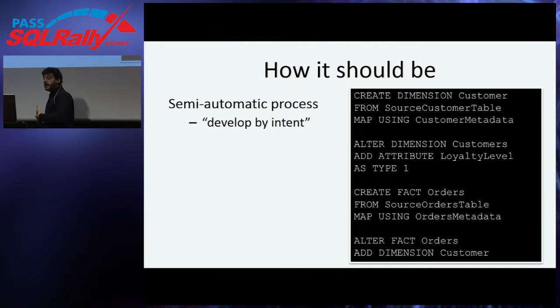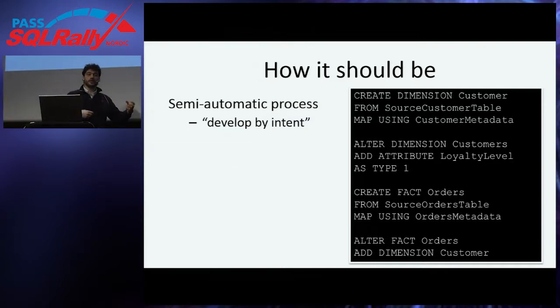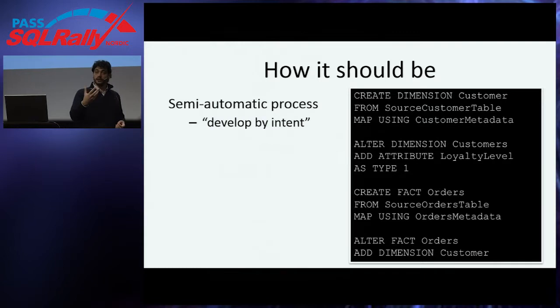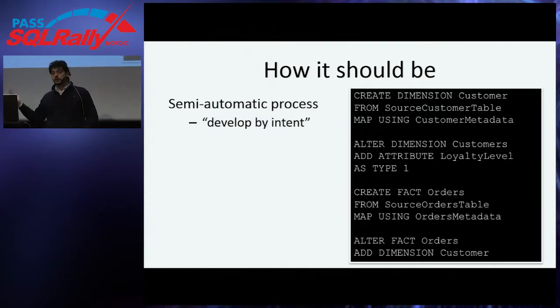Or alter dimension, add attribute, and all the stuff behind the scenes, changing the ETL, adding the physical column to the table, should in my opinion be done automatically, because there is no value in that. Of course, we still don't have such a special language, but we can figure out how to do it, maybe without creating an entire language, but from a logical perspective doing something very similar.